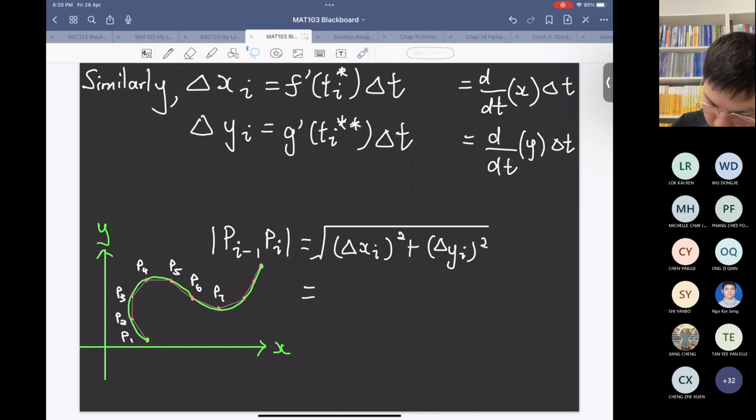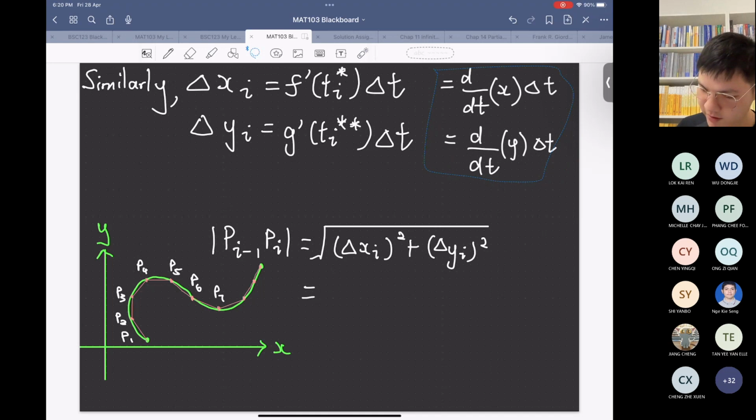Okay, let me try and put this. Yeah, this is correct. Okay, I think this is correct. Let me see. Did I do something stupid? Okay, sure. So let's keep going.